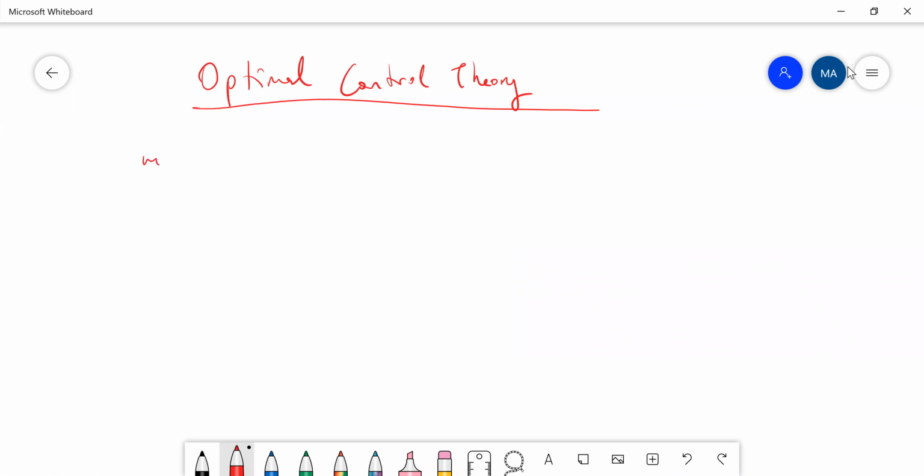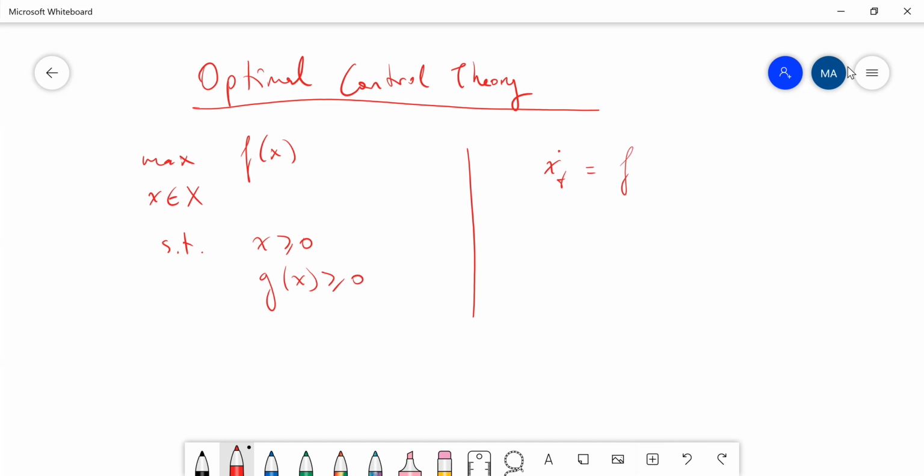So up to this point, we studied a problem like this, right? And then we also studied dynamical systems, okay? Where possibly this was given, okay?